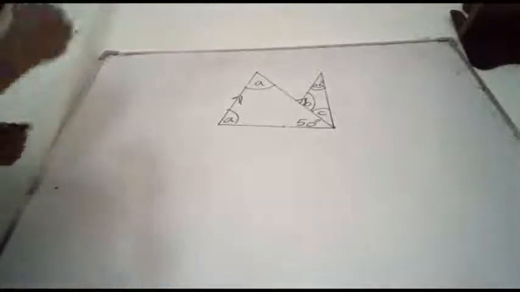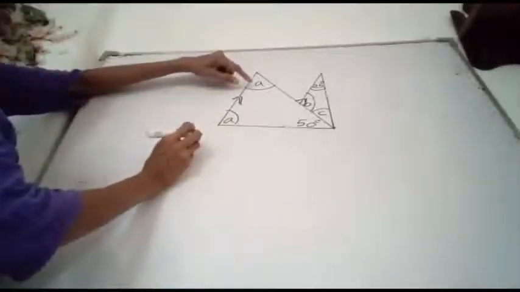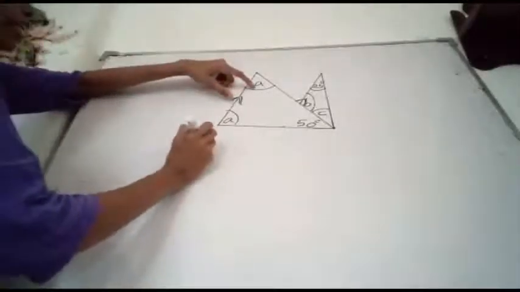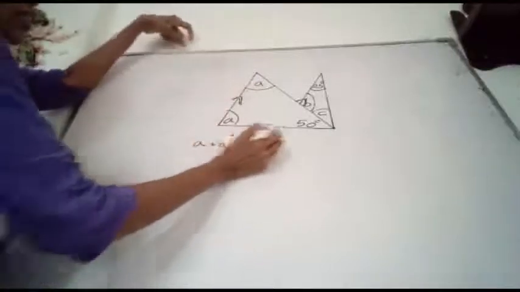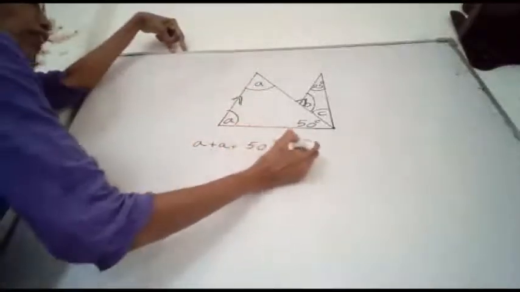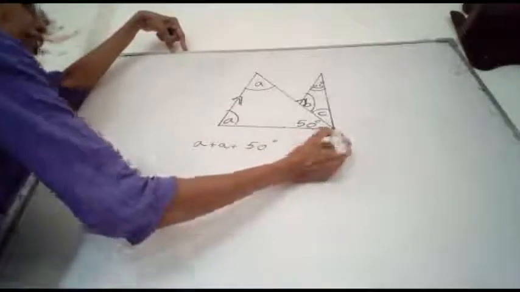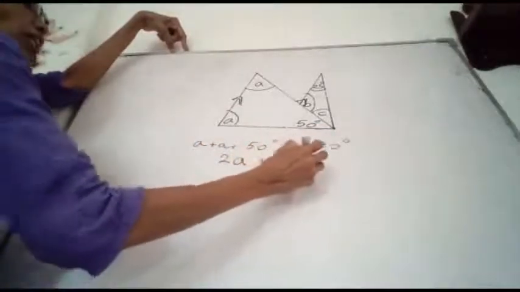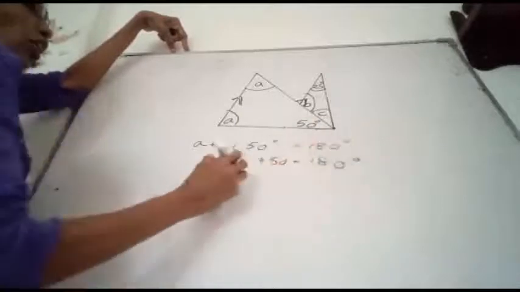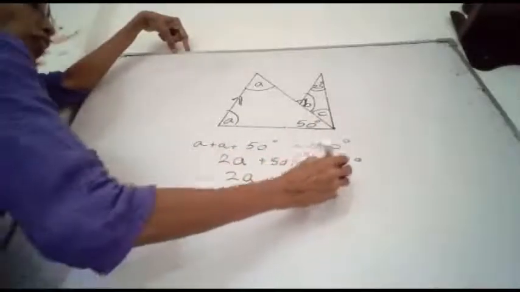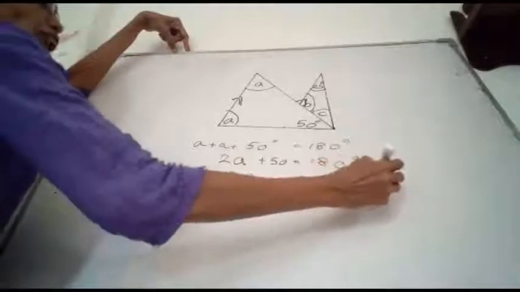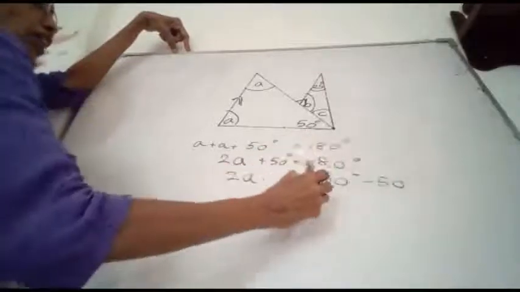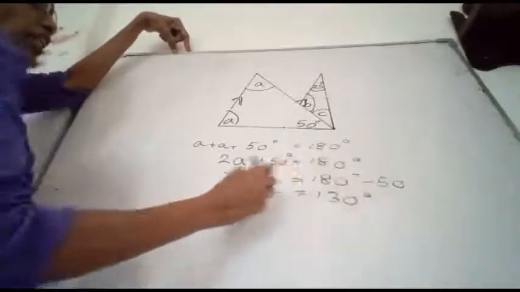The sum of the three interior angles is 180 degrees. A plus A plus 50 equal 180. 2A plus 50 equal 180. 2A is equal to 180 subtract 50, equal to 130 degrees.